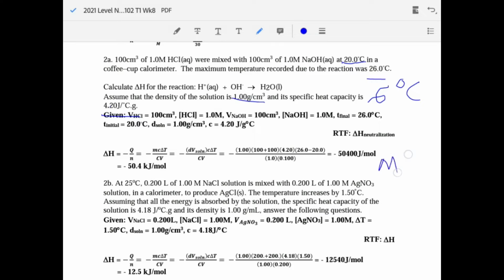So mc delta T. So you multiply 1 gram per centimeter cubed times 200 times 4.2 times 6, and then you do end up with minus 50,400 joules per mole.